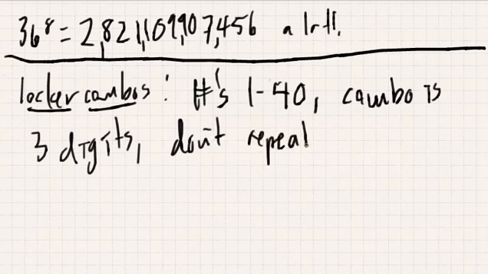So the first digit can be any of the 40, the second digit can't be the first digit, the third digit can't be the second digit.